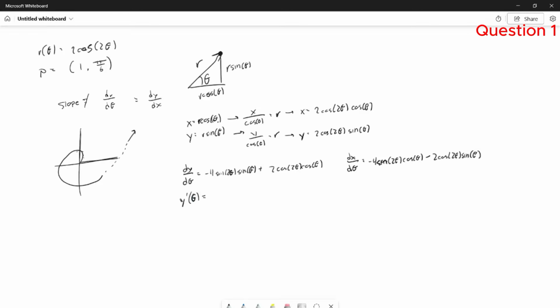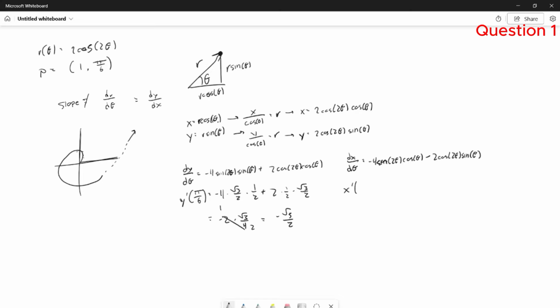So if we plug this in, y prime of pi over 6, we get negative 4 times sine of pi over 3, that's root 3 over 2, times sine of pi over 6, 1/2, plus 2 cosine of pi over 3, that's 1/2, times cosine of pi over 6, root 3 over 2. So we get negative 2 times root 3 over 4, cancel this out, and this becomes negative root 3 over 2.